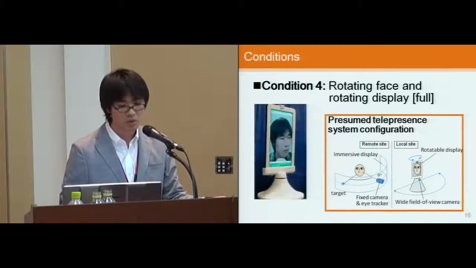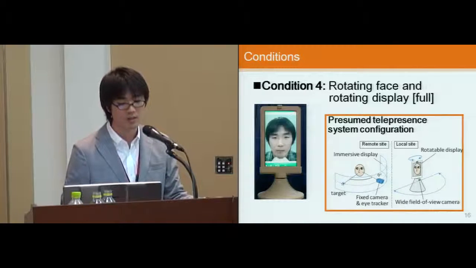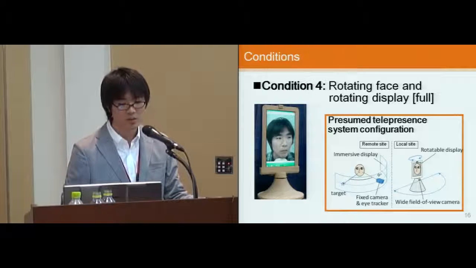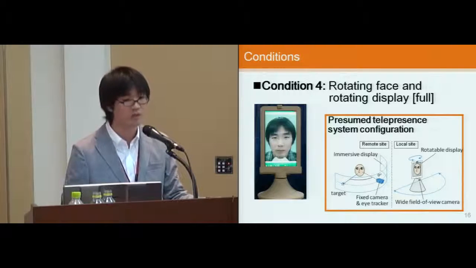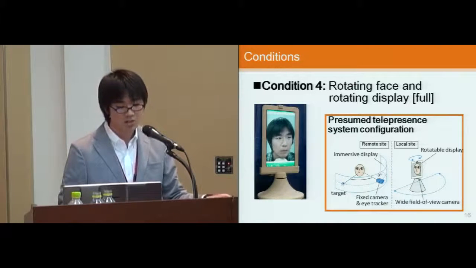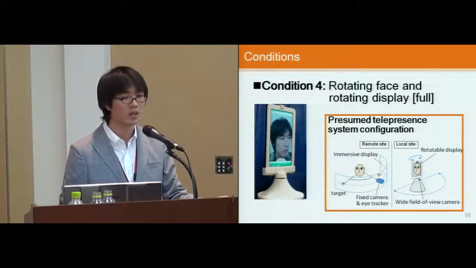In condition 4, both the display and face image were rotated. Head and eyes rotation angles were controlled according to the head-eye coordination ratio. This condition assumes that an eye tracker detects the remote participant's focus angle and rotates the face display to the same angle.